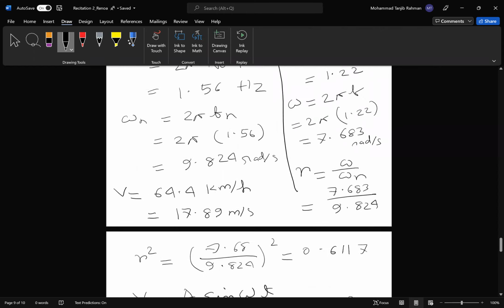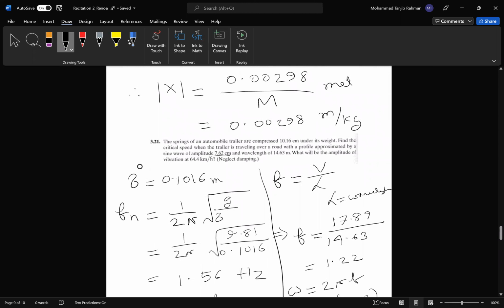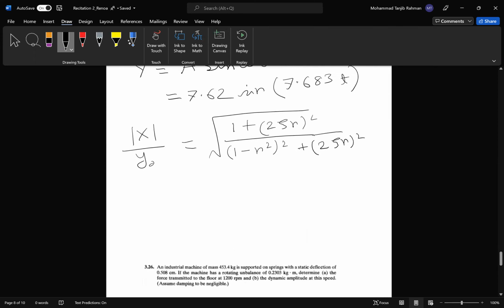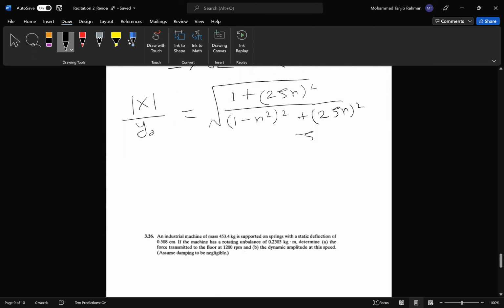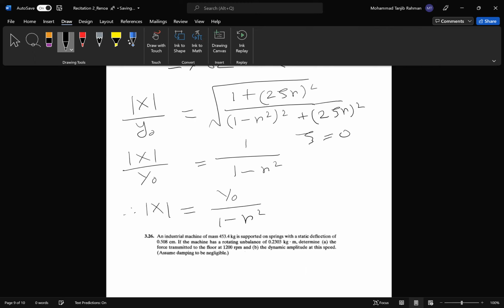So it said that it's going to be the critical speed and we have to neglect the damping. So zeta, assume zeta as 0 here. So then it will become x divided by y naught equals 1 divided by 1 minus r squared. So x is y naught divided by 1 minus r squared.